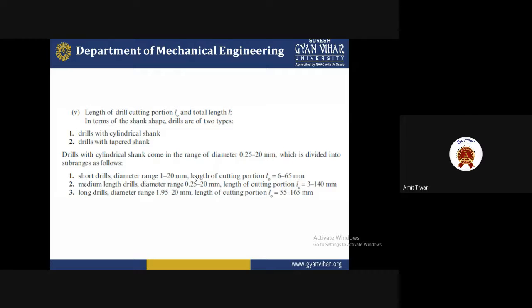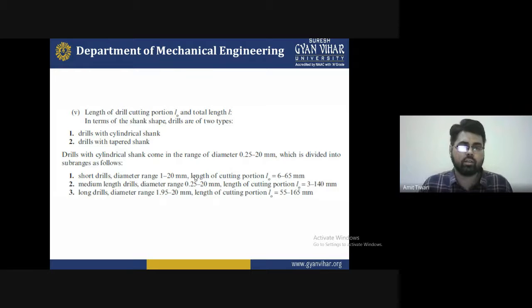So what complications do we generally face? We generally face the drill with the cylindrical shank and the drill with the taper shank. So these two terms mean that drills have two types: for the shank shape, cylindrical and also taper.